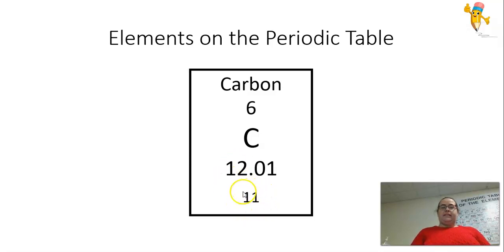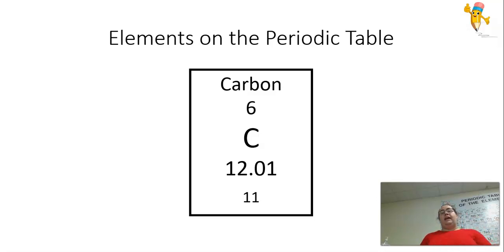Okay? And then this number down here, 11, you're like, well, if I already have my average atomic mass, why do I have another number? This number is your mass number. Your mass number is the number of protons and the number of neutrons for that specific atom, and that number can change.